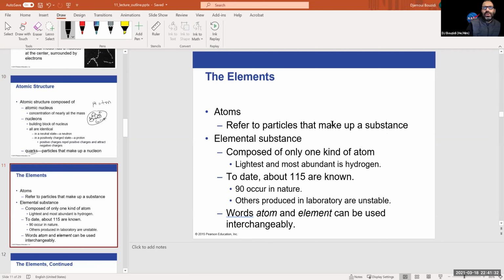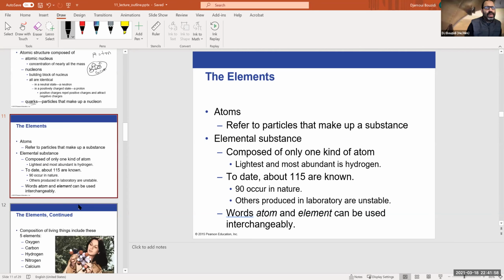So again, the elements refer to the particles that make up a substance. This is what the atoms are. An element is a substance composed of only one kind of atom. To date, about 115 are known. 90 occur in nature by themselves, and the rest are made in the laboratory. The words atom and element, sometimes we use them interchangeably.